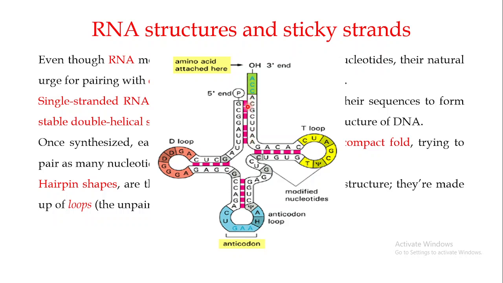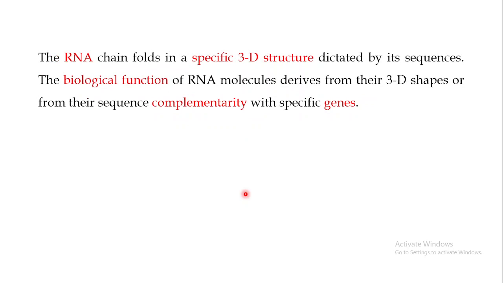The combined effect of these loops and the stems actually helps the RNA to perform its functions in the cells. So in these RNA molecules, you can expect the loops, the unpaired regions, and the stems, the paired regions. Now the RNA chain folds in a specific 3D structure which is dictated by the sequence. As I told you in my previous video, the structure of a protein is dependent on the sequence of the amino acids, and the sequence of the amino acids dictates the 3D structure of a protein and hence its function.